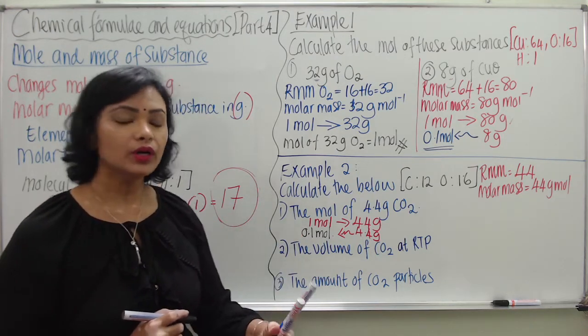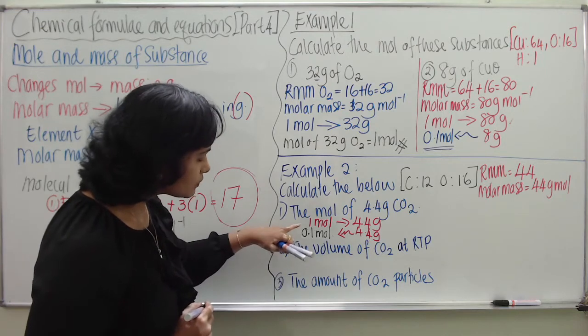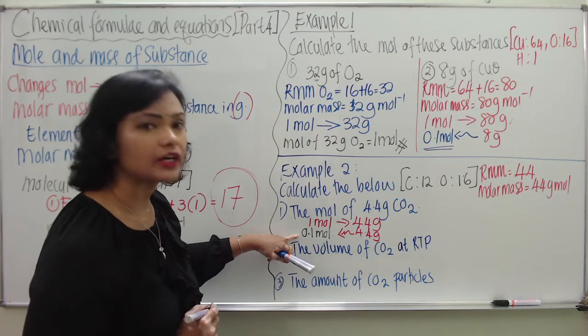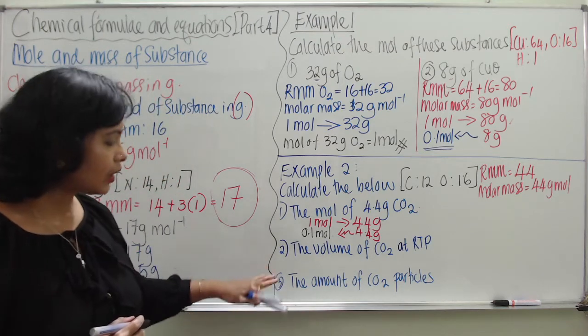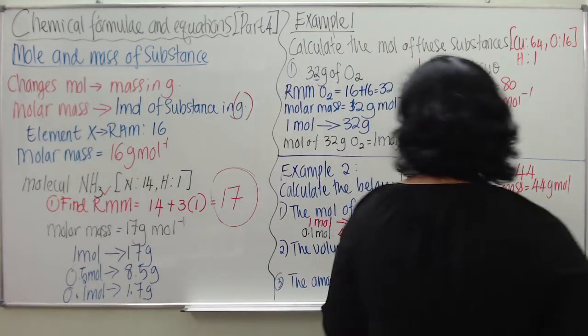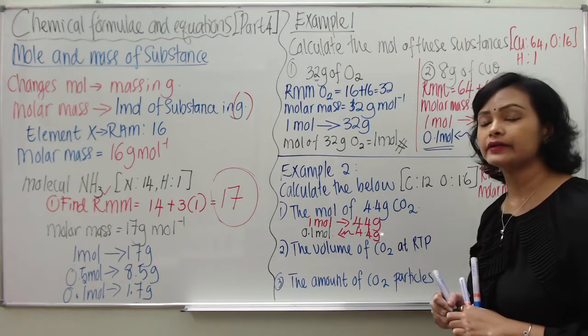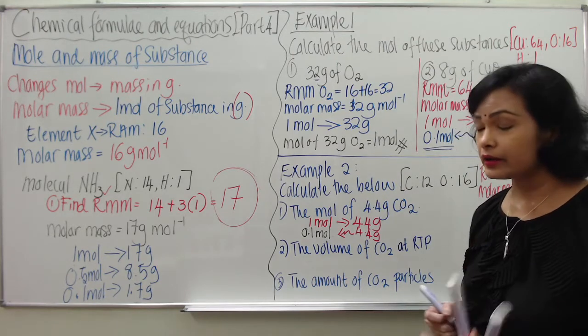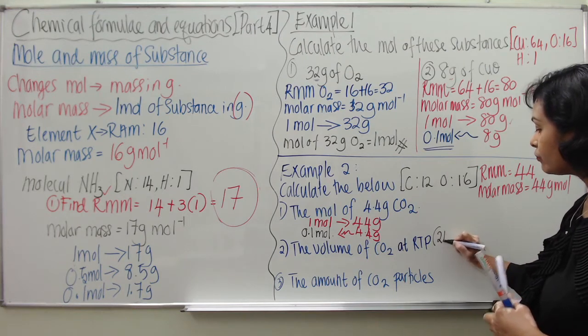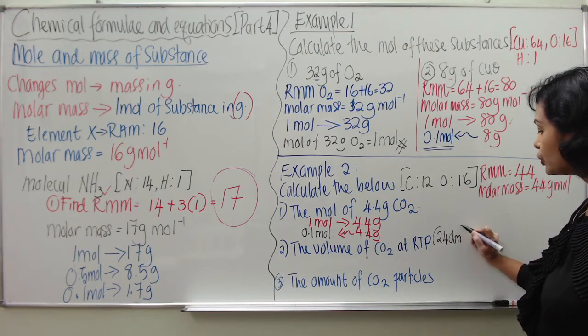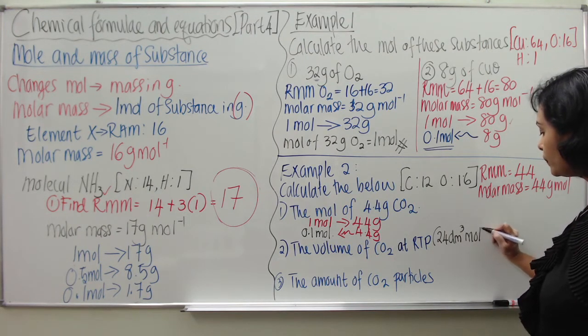Please remember, once students manage to calculate the mole, you can use the information about the mole to calculate the next 3 questions. Now, let's calculate the volume of carbon dioxide at RTP. In our previous video, we said that RTP is 24 dm cube per mole.